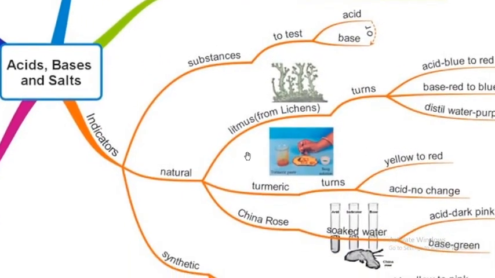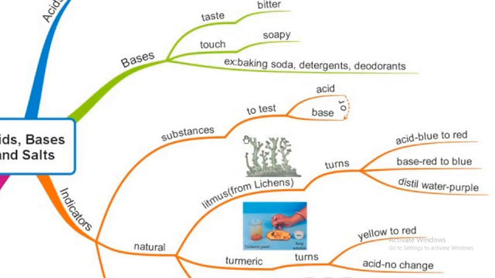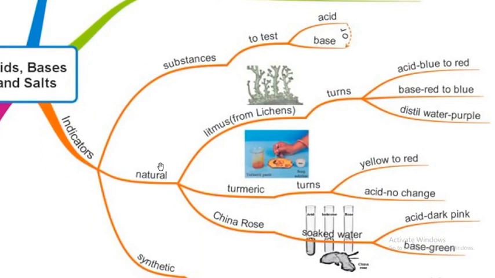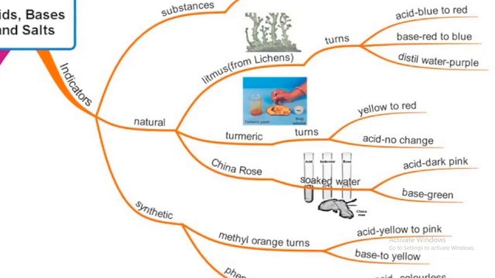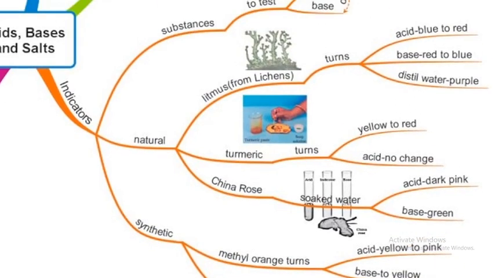And next, the chemical substances which are used to test these acids and bases are called indicators. Next, the types of indicators you have also seen. The indicators which are obtained from natural substances are called natural indicators, and the indicators prepared in the laboratory are called synthetic indicators.